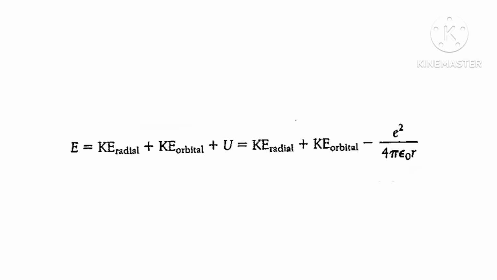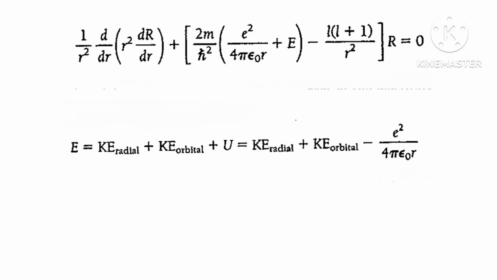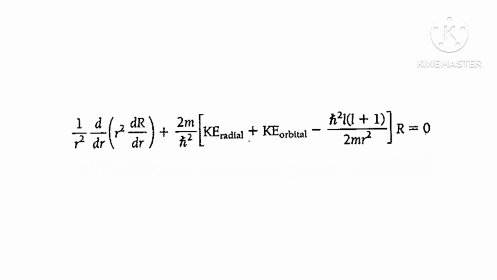Therefore, the total energy E equals K radial plus K orbital plus U, that is, K radial plus K orbital minus e²/(4πε₀r). Substituting this value of E into the above equation and making a slight rearrangement, we get (1/r²) d/dr (r² dR/dr) + (2m/ħ²) [K radial + K orbital − l(l+1)ħ²/(2mr²)] R = 0.